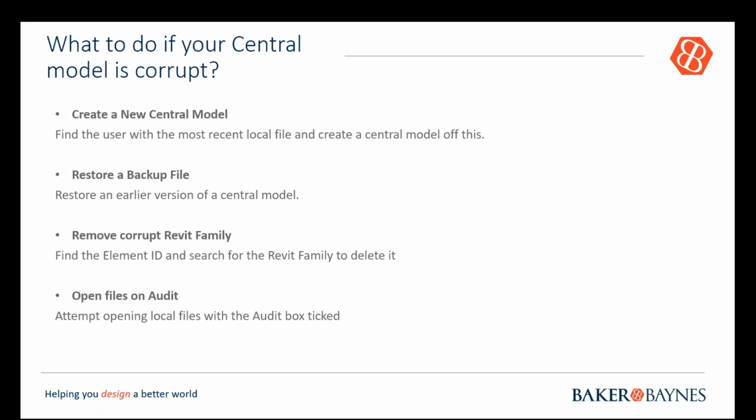You maybe want to quickly create a new central model off of that local model if the other users find that they cannot sync to the central model, or that the central model is popping up to say that it's corrupt. So that's catching it and nipping it in the bud.